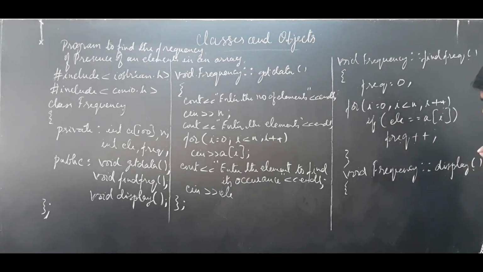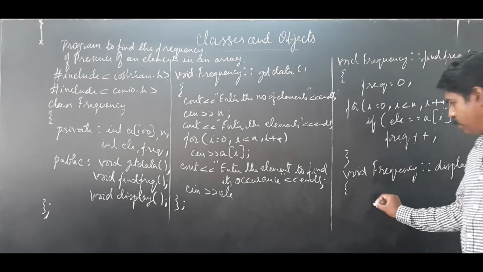If till the end of the program, or till the end of its execution logic part, the frequency is not incremented, if it is still 0, that means no element has been found in the array. Hence, we write a condition something like this.